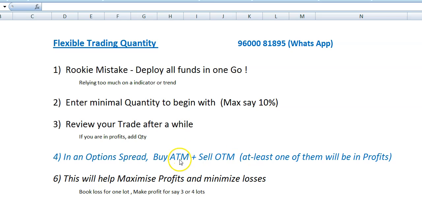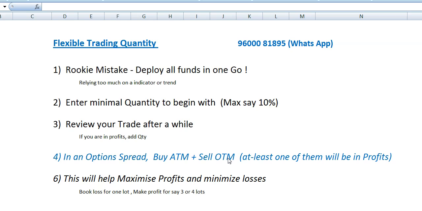But if your at the money is bleeding, then you can just add quantity on your out of the money contract where you're selling. You can turn 1:1 to 1:2, 1:3, 1:4 to play defense if you still believe that the at the money price will recover. Otherwise, you can eventually book a loss.